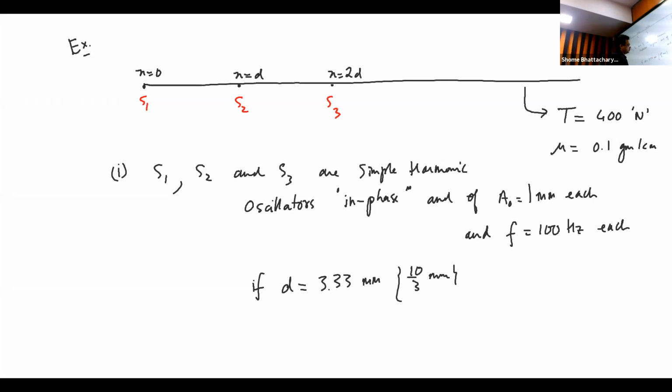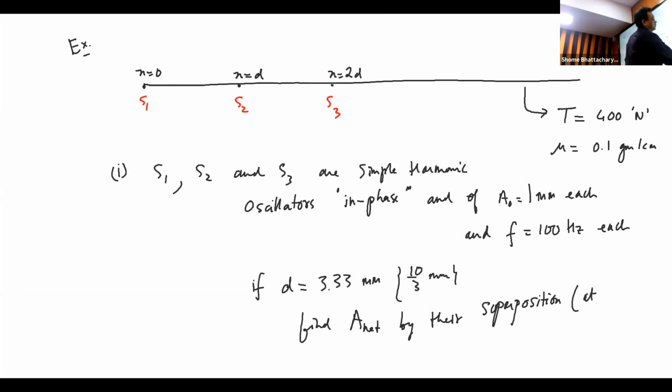Then find the net amplitude by their superposition at x greater than 2d. At any general point like this, where x is greater than 2d, the waves coming from the three sources, okay, they are simple harmonic oscillators along y-axis.